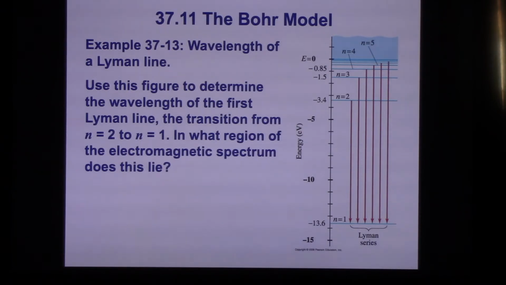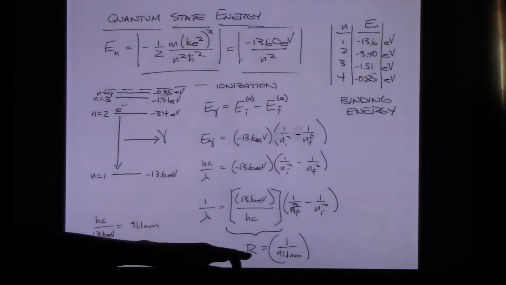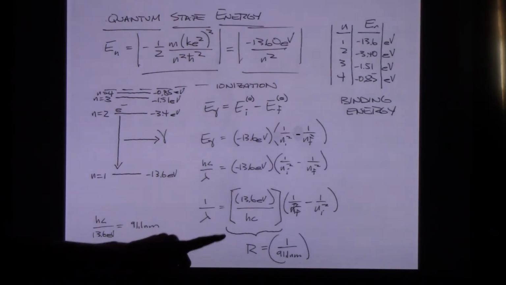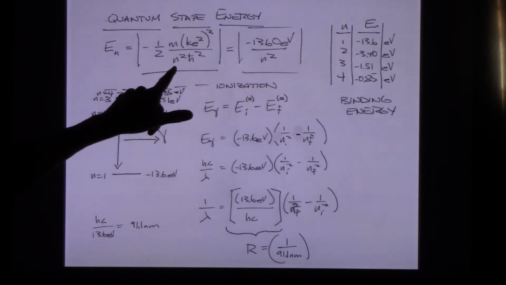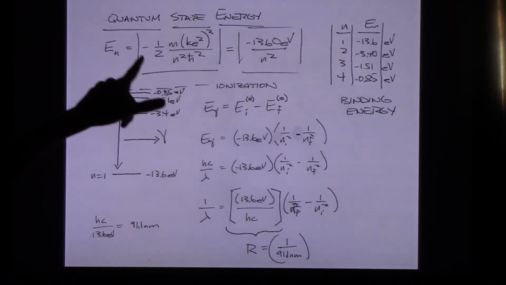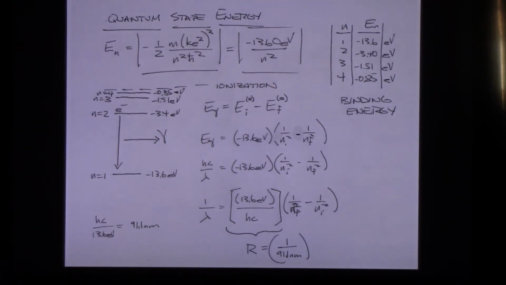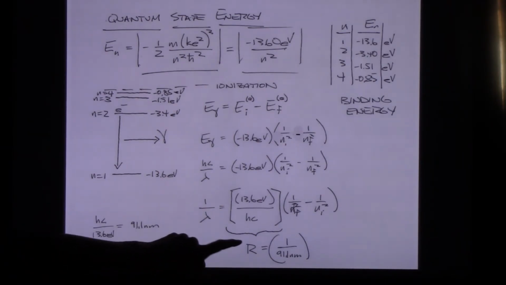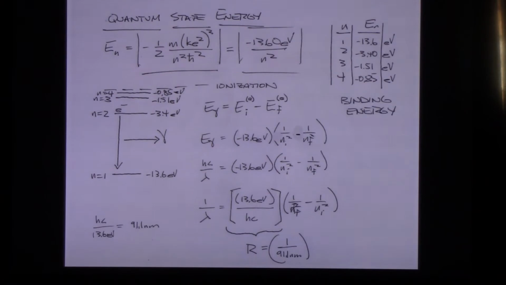So here's a problem. I wanted to come back and look at the Rydberg constant. The Rydberg constant actually turns out to be this 13.6 eV number, which is right there. That's where the 13.60 eV is coming from, that formula, divided by hc. Now when we do that, what we get for the Rydberg is 1 over 91.1 nanometers.